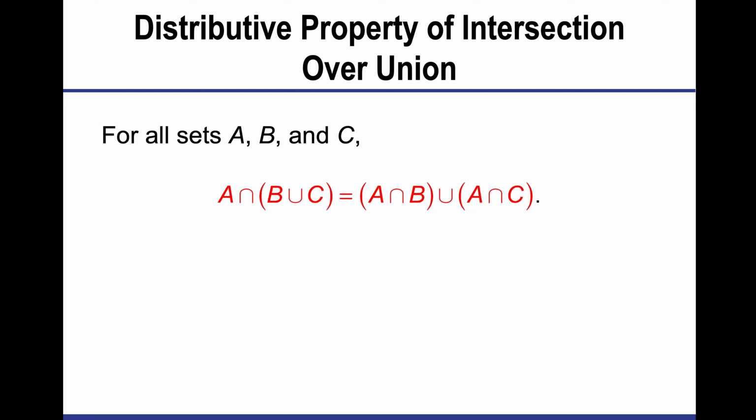The distributive property is also true. So I could distribute A with my intersection to B and to C, which forms two sets of parentheses, just like you would do the distributive property with 3 times x plus 1.